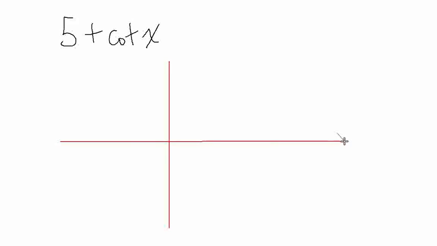Now, the period is going to be the same as with a regular old cotangent graph. The 5, this specific transformation, doesn't change the period.